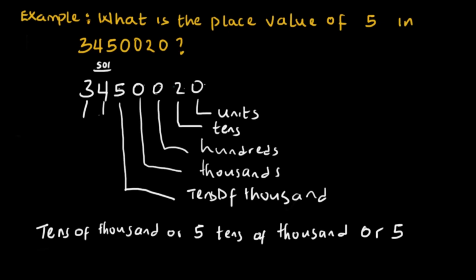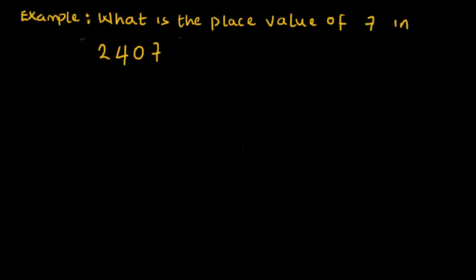So we have 1, 2, 3, 4. So 4 zeros. Do you understand? So you see that it is tens of thousand, or you put 5 tens of thousand, or you write what you were told to find, and the remaining digits after it will be turned to 0. Does that make sense?